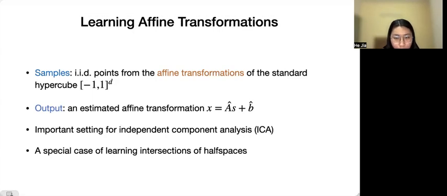So we recover those independent components for the cube. That is exactly the ICA problem. It can also be seen as a special case of learning intersections of halfspaces, or polytopes, because the hypercube is a special case of a polytope.